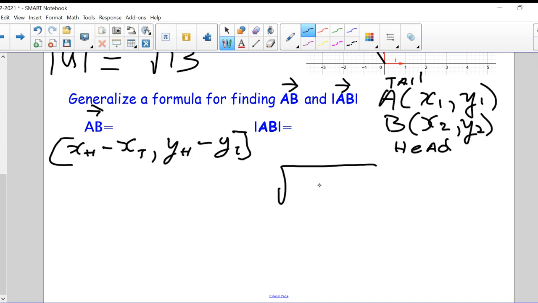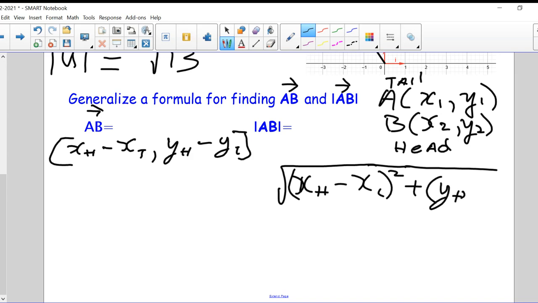So whatever this difference is here, this xh minus xt, I'm going to square that. So again, right here, it doesn't matter because I'm going to square it anyway. Plus, I'm going to take the difference between the y's. So that would be yh minus yt, and square it.